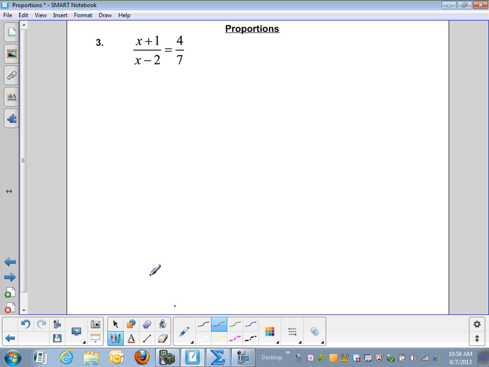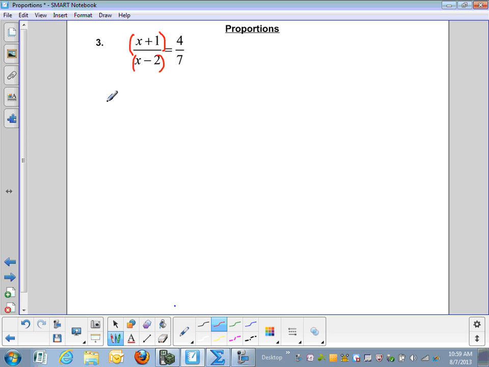Okay, problem 3, x plus 1 divided by x minus 2 equals 4/7. So now we have an algebraic expression in the numerator and in the denominator. So the first thing we want to do here is put parentheses around our algebraic expression.